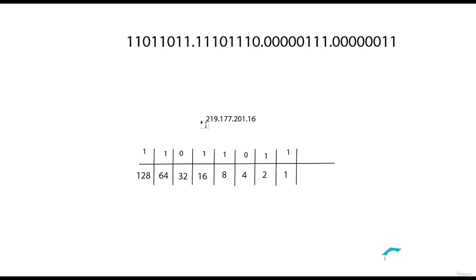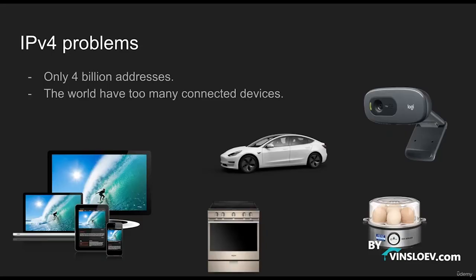So now it's time to look into what the problem set is with the current IP version 4. Now that we have seen what IP version 4 looks like, it's time to talk about the problems with it. The problem with this IP version is that it is a 32-bit address, so it is only possible to have 4 billion different addresses.